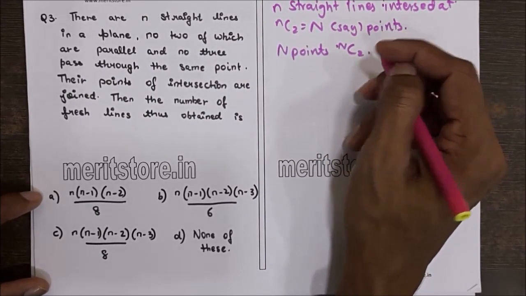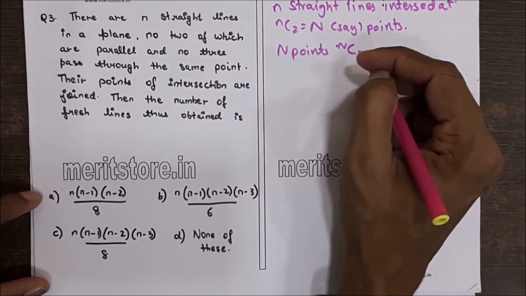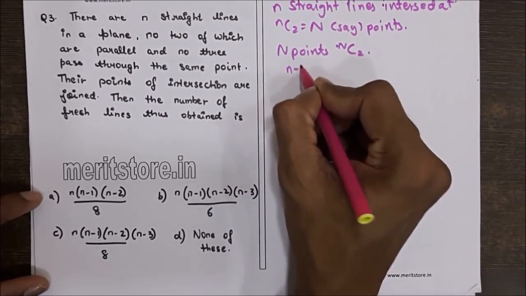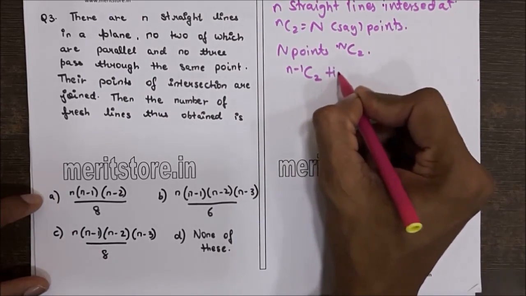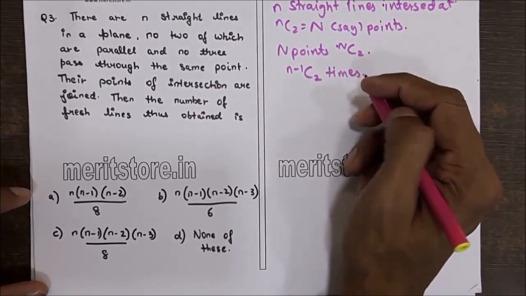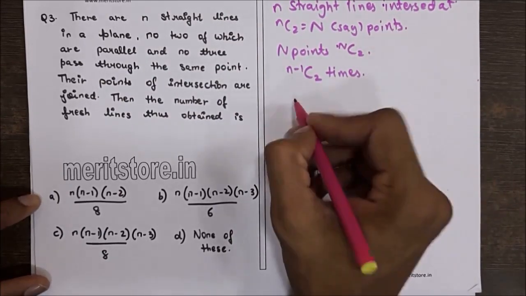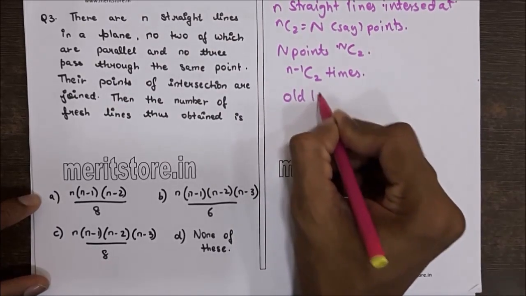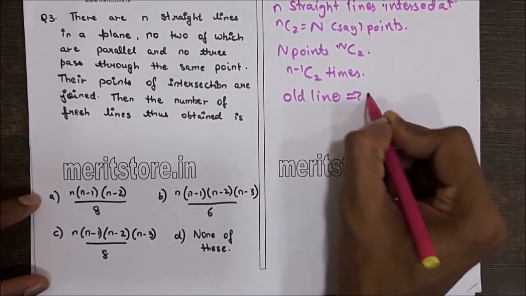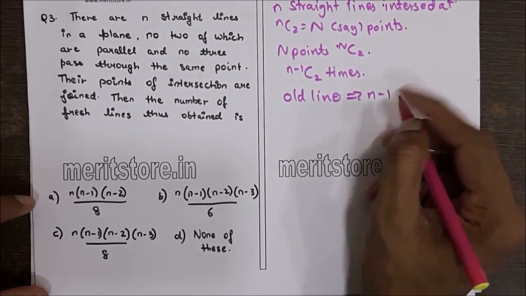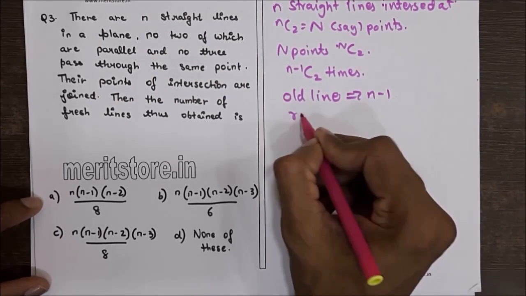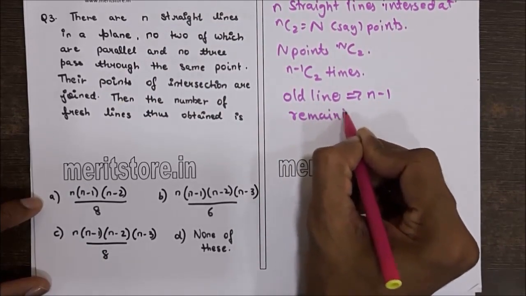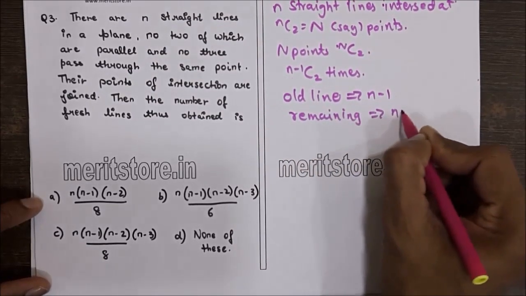But in this, each old line has been counted as (n minus 1)C2 times, since on each old line there will be n minus 1 points of intersection made by the remaining n minus 1 lines.